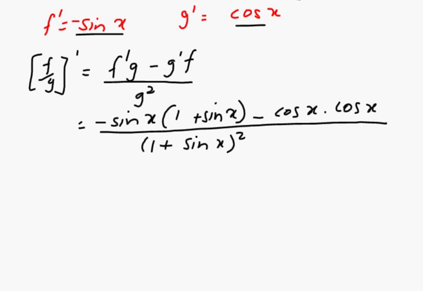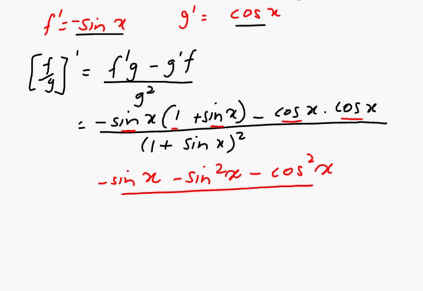Looking at the first set in the numerator, we can expand. Minus sine times 1 is minus sine x, minus sine times plus sine is minus sine squared x, minus cos x times cos x is minus cos squared x, over 1 plus sine x, all squared.